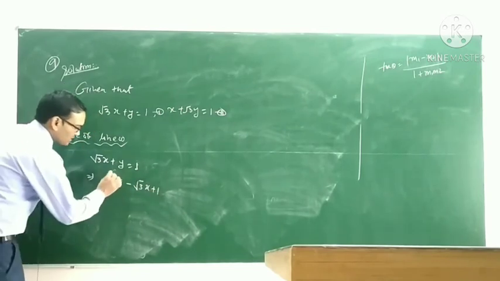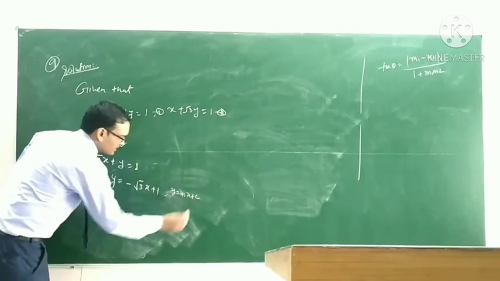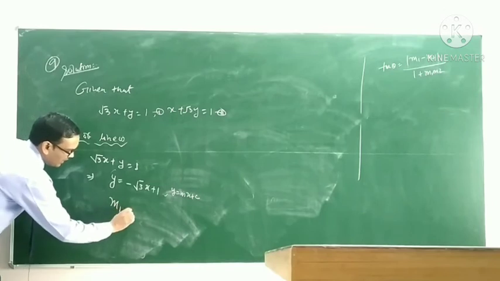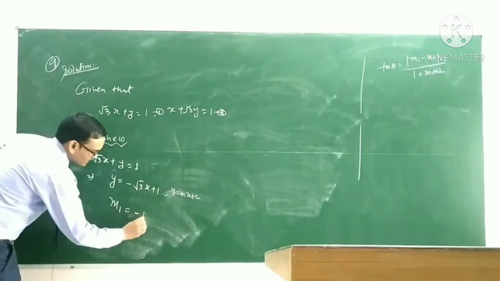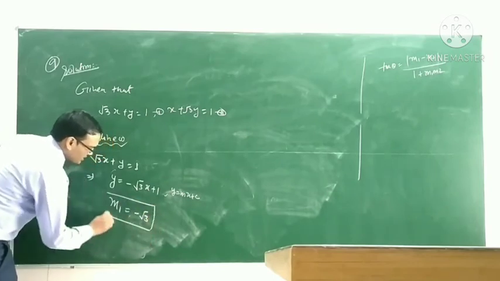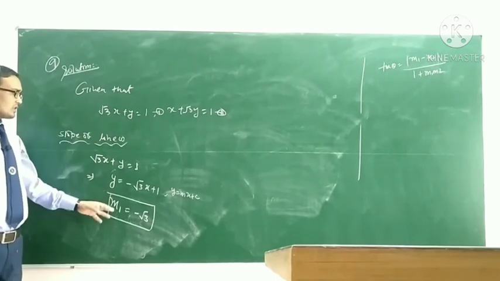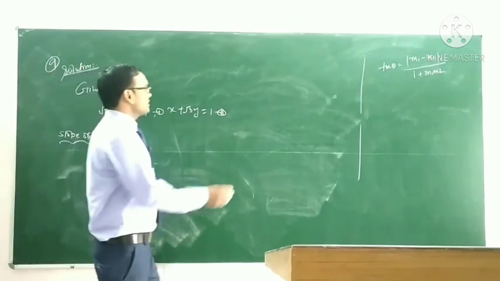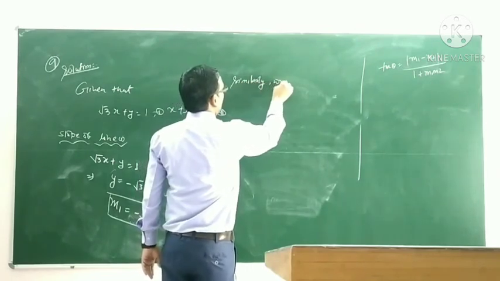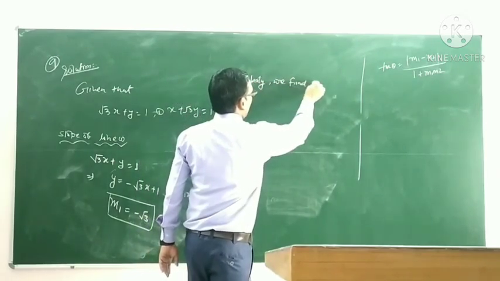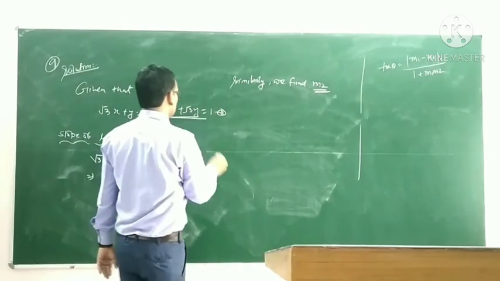We compare this equation with y equal to mx plus c and find the value of m1 as minus square root 3. m1 is the slope of line 1. Okay students, similarly we find m2.